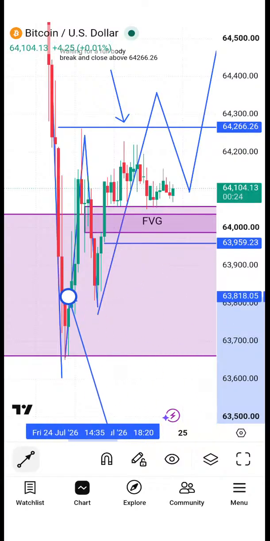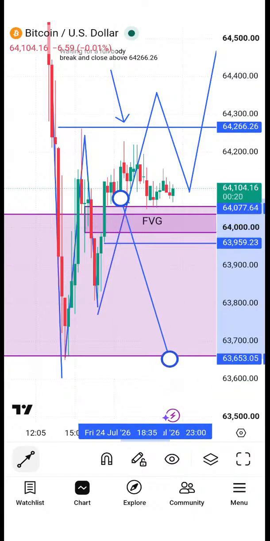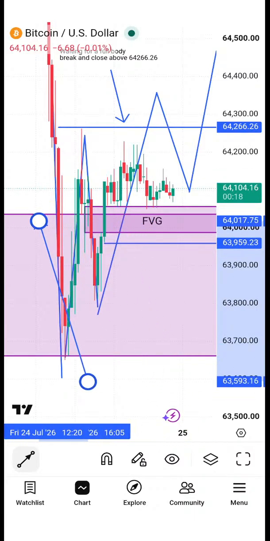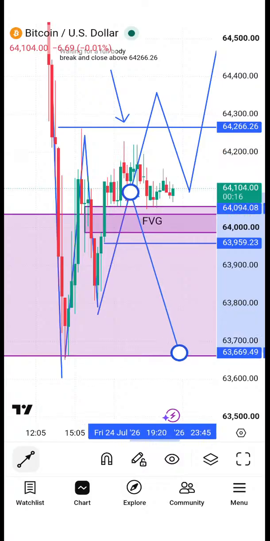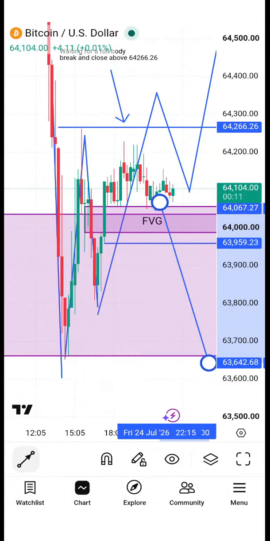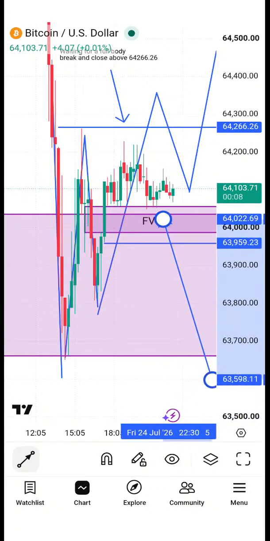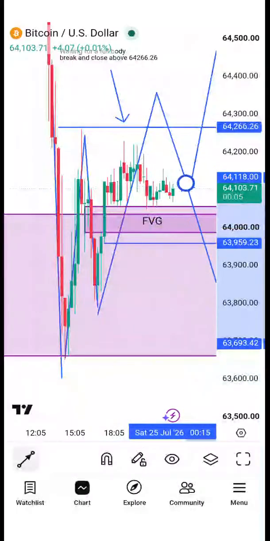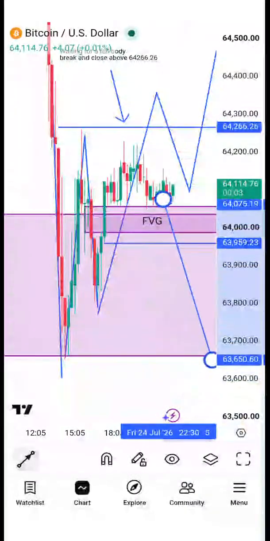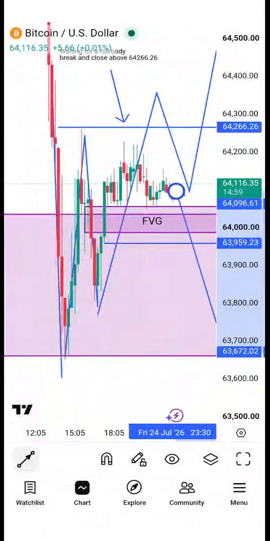Here you can see, it tries to come around this area and pushes towards the upside. Each and every time it approaches this area, it's being pushed towards the upside. So selling here, I don't see it as a wise move.